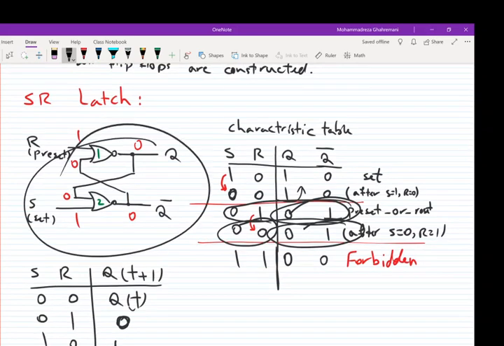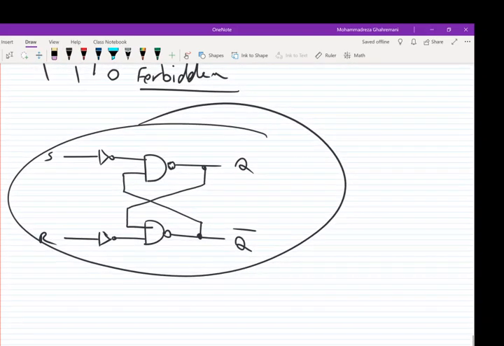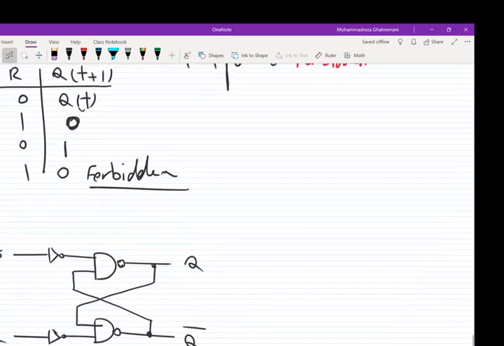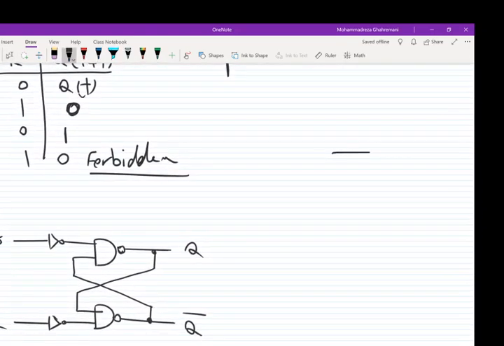They are the same, but it's constructed with NAND gates instead of NOR gates, and the block diagram or symbol of SR latch is like this. We have input S, we have input R, we have output Q, and we have output Q bar.